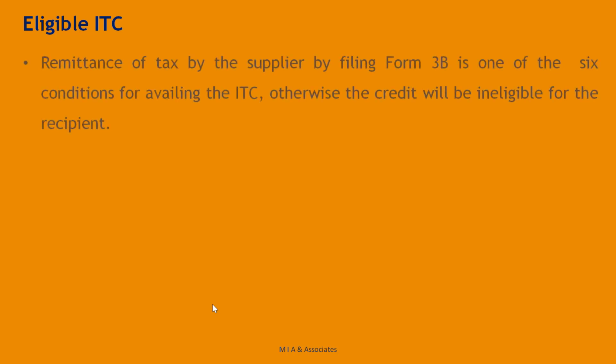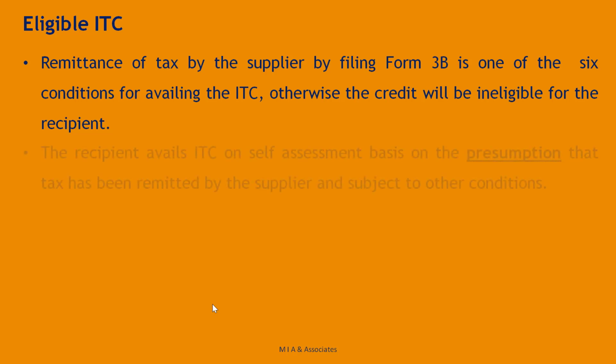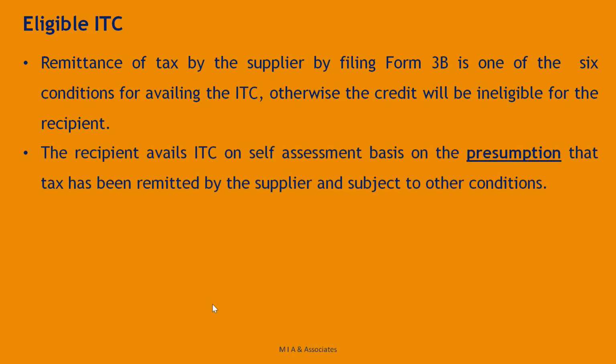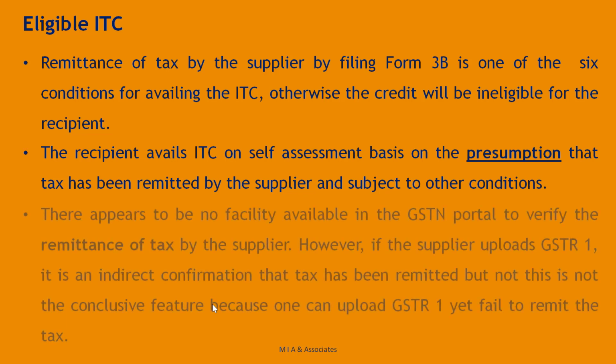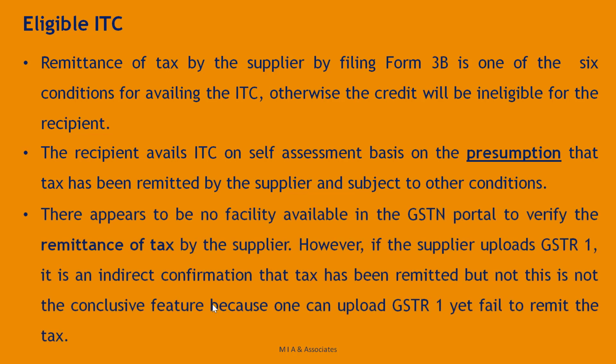We have seen in our introductory note that one of the five conditions for availing the ITC is payment of GST by the supplier. In the absence of technological tools to determine the payment of tax at invoice level by the supplier, GSTR-1, GSTR-2A and GSTR-2B have been relied upon. However, these forms do not provide an exact confirmation of remittance of tax, but only an indicative report of such payment.